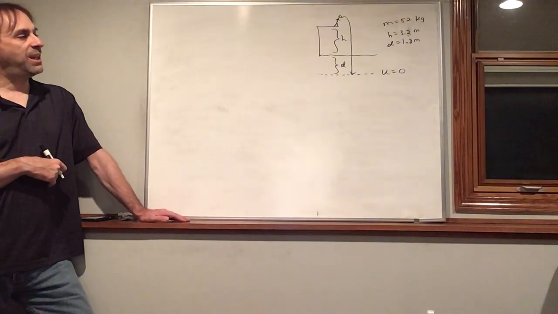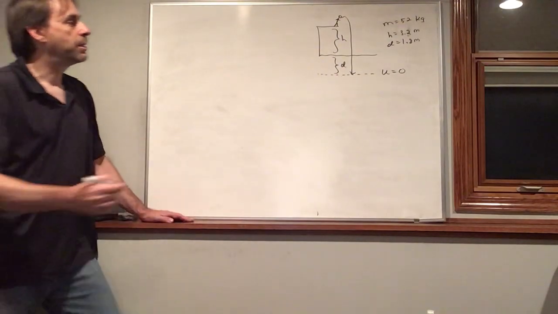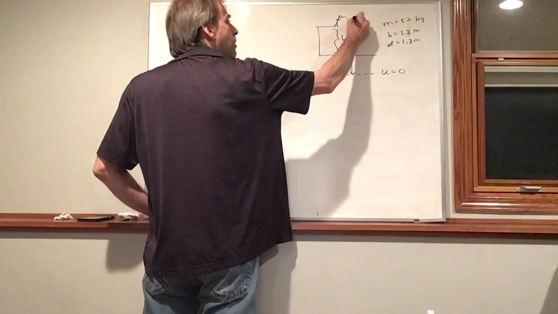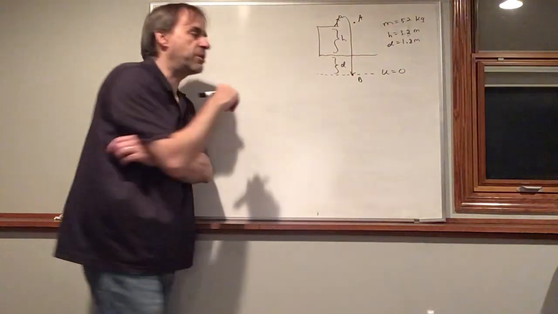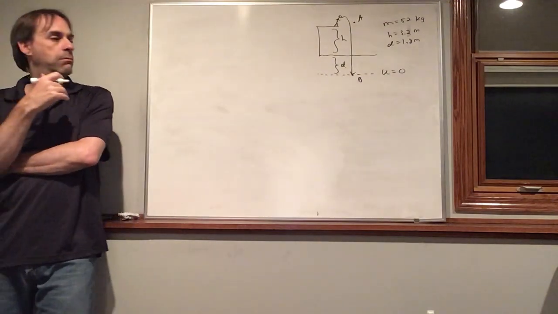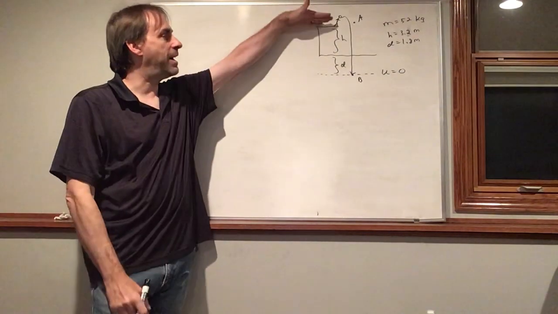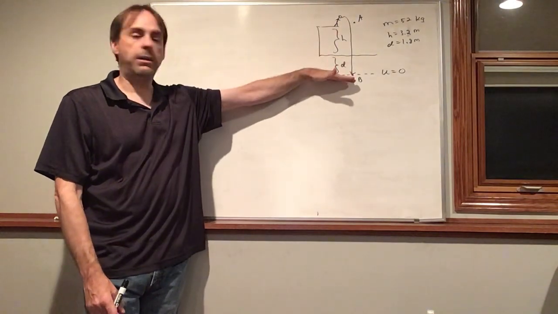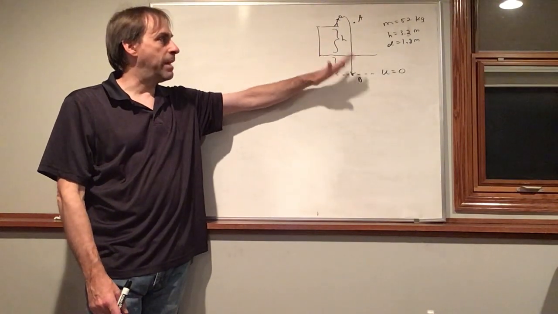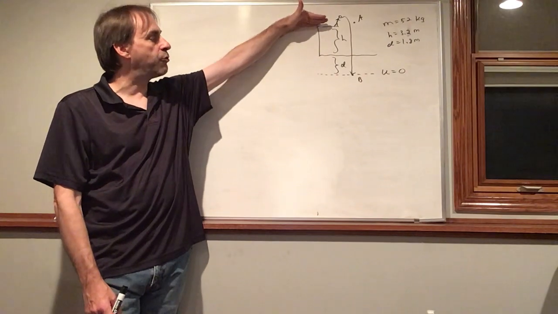And so we can see, if we just compare, say point A is when the swimmer jumps, and point B, energy is clearly not conserved in this case. The swimmer has just gravitational potential energy here.